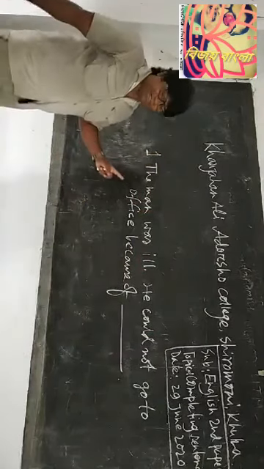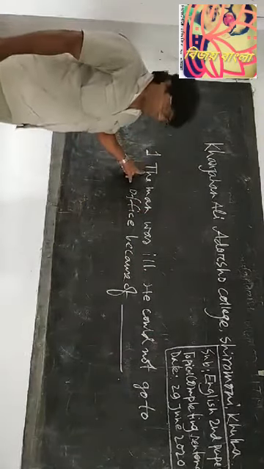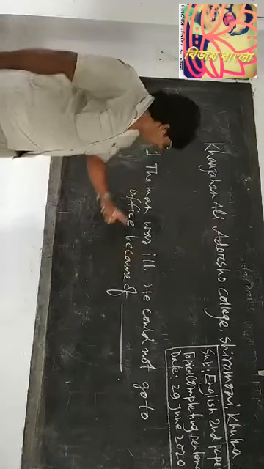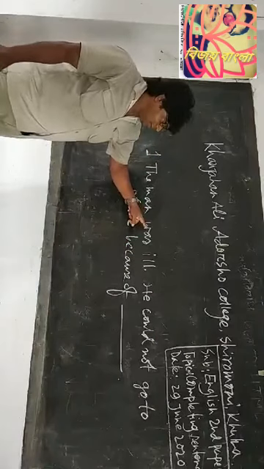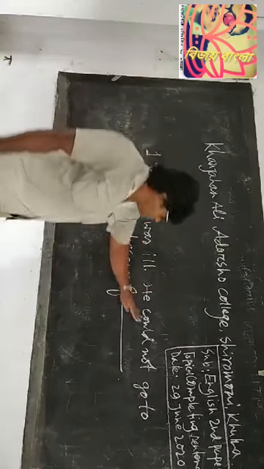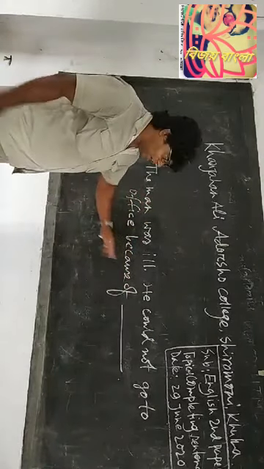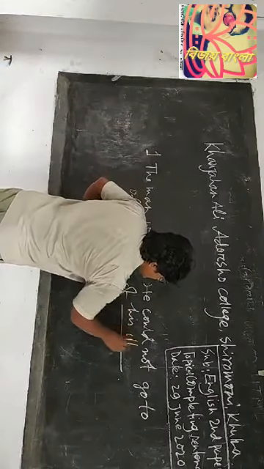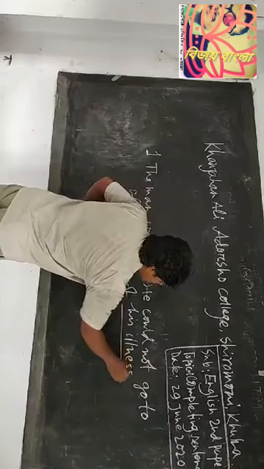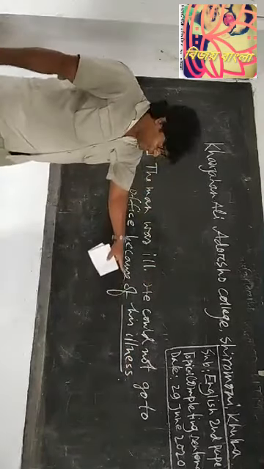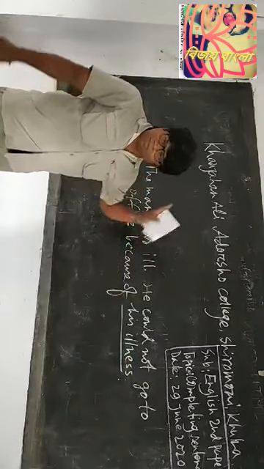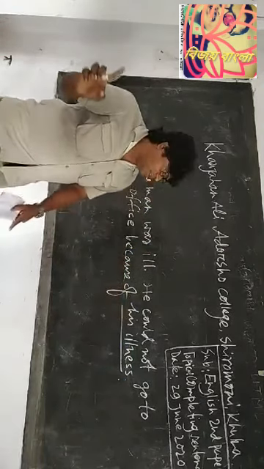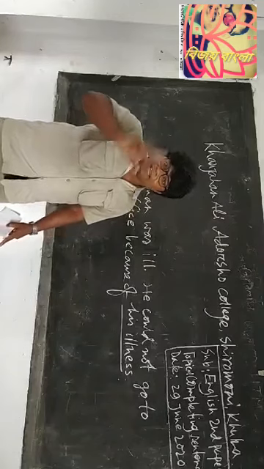And look at the sentence. Here the first portion is the clue or guideline. The man was ill, so he could not go to office because of his illness. Because of his illness. So here I must write down his illness. I have no other option to write any other thing.